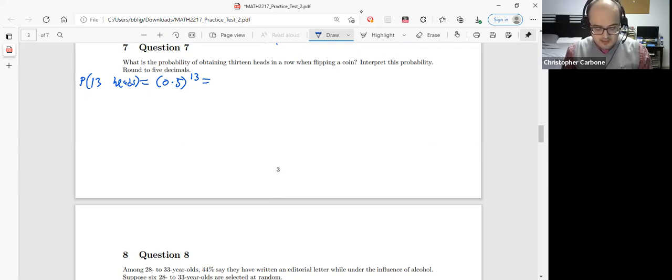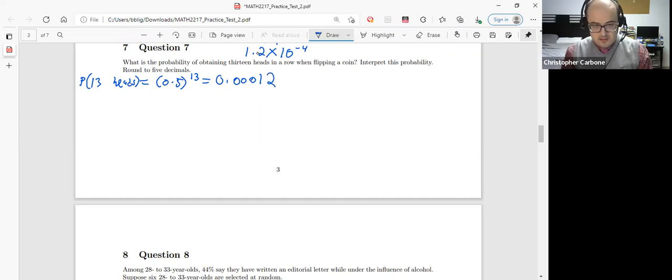The way that shows up on the calculator, it's going to write it in scientific notation. So something in the format of, I rounded it to about 1.2 times 10 to the negative 4th power. But writing out this decimal to 5 decimal points is going to be 0.00012.